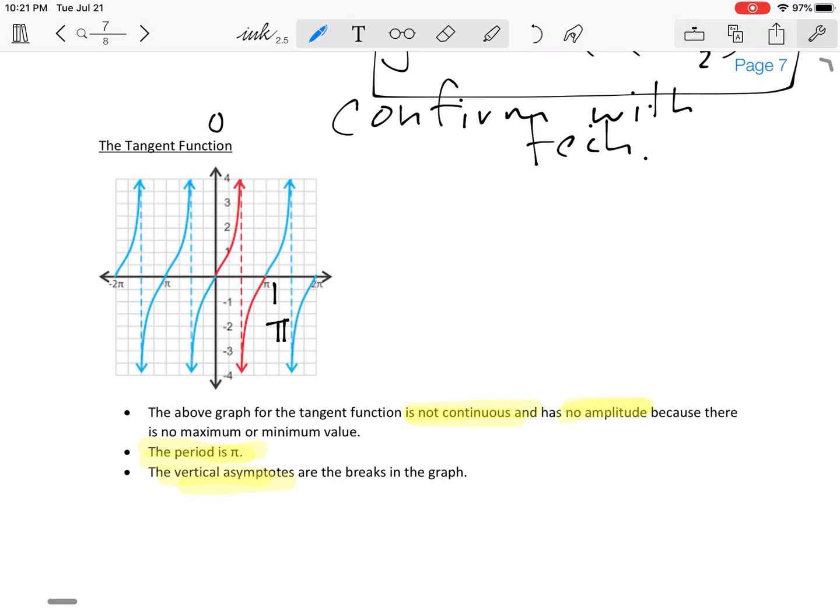So there's not really as much we can do with the tan function as with the other ones. I'll stop here, and you can work on the corresponding questions.